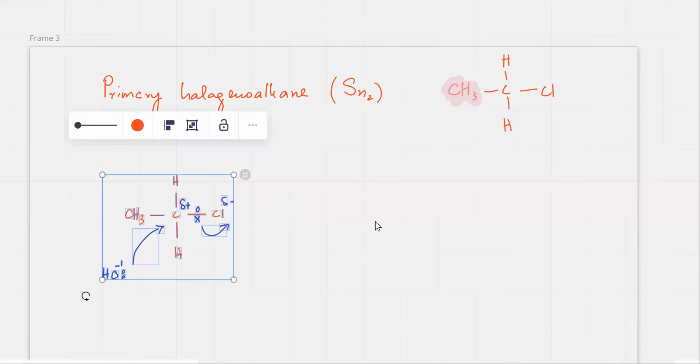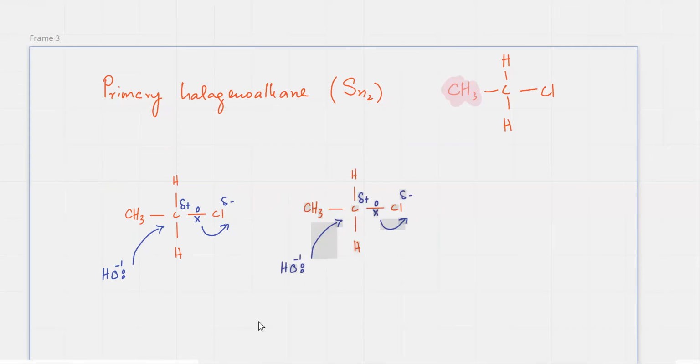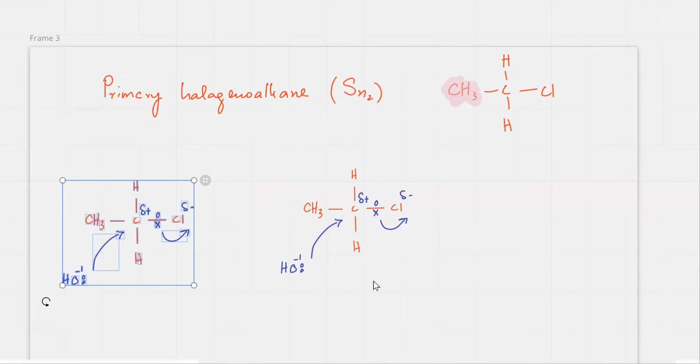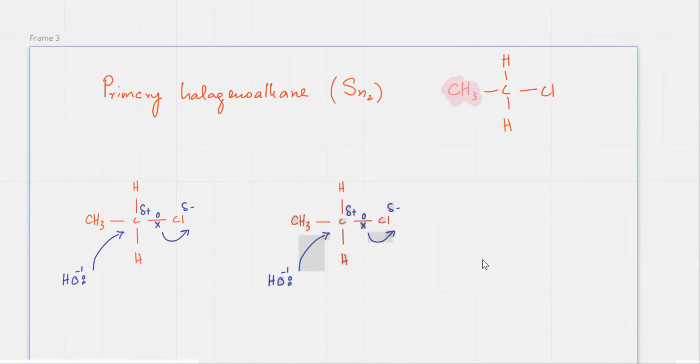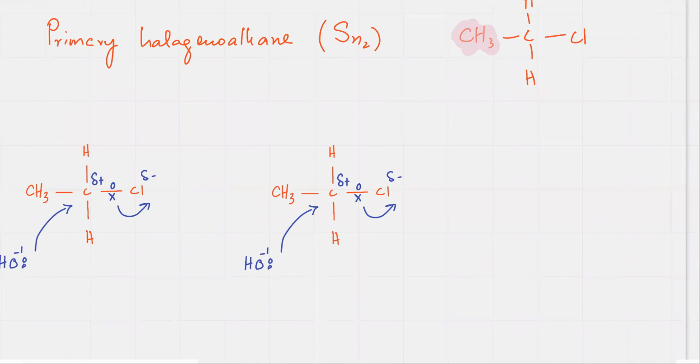The next step is that a transition state is going to be formed. What's going to happen in that transition state is that the OH will slowly bond with the carbon and the Cl will slowly break off. So you show it with a dotted bond.